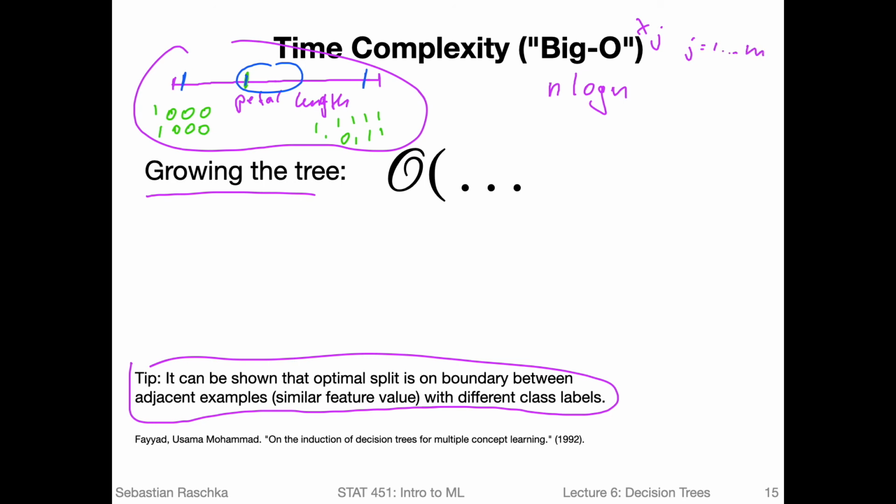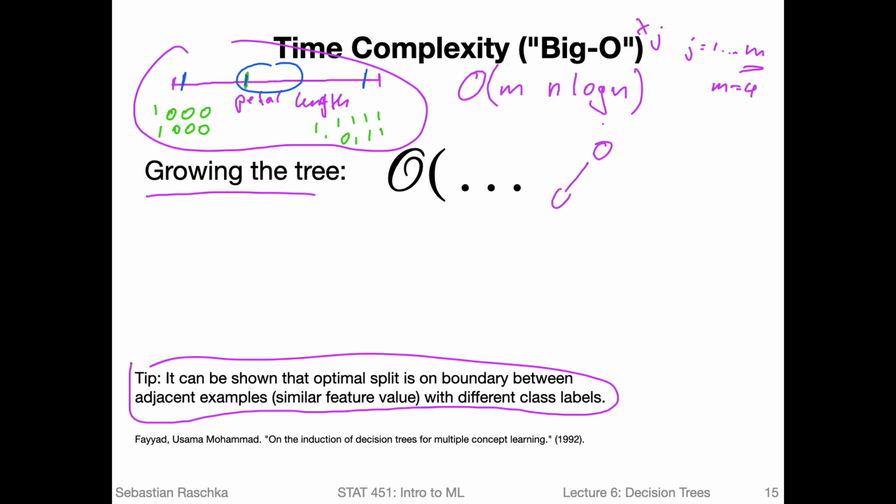So let's say we have m features in our data set. In the case of iris, it would be m equals 4. So if we have to do n log n sorting operations on m features, the complexity is at least m times n log n. So we have a big O of m n log n if we don't resort the features every time. So we have m sorting operations at each splitting node, right?